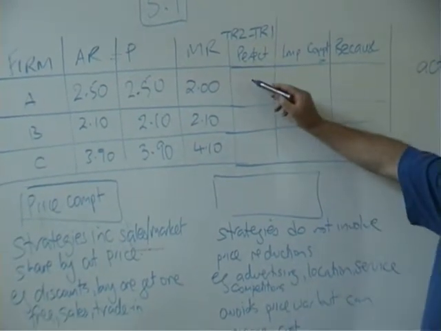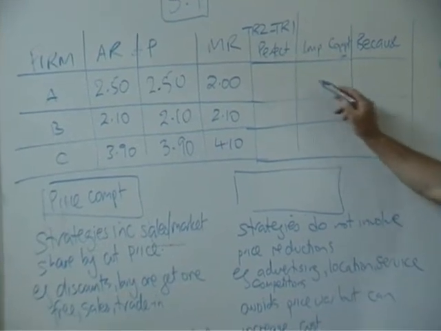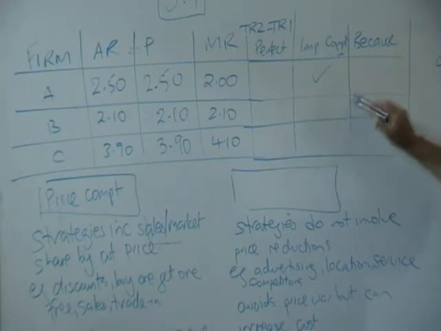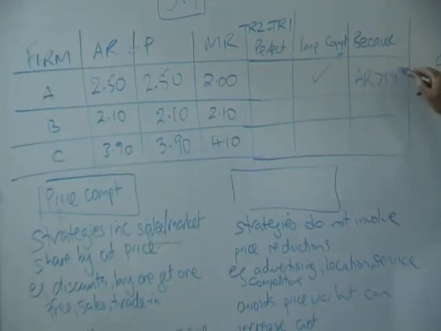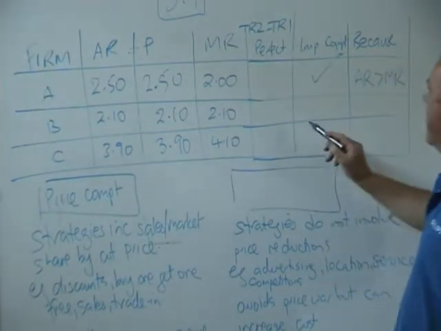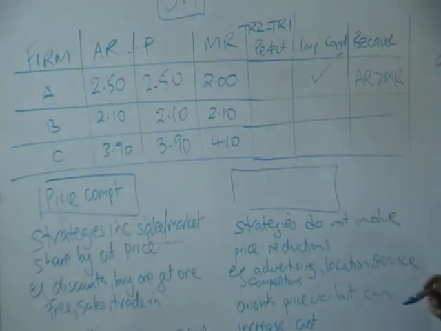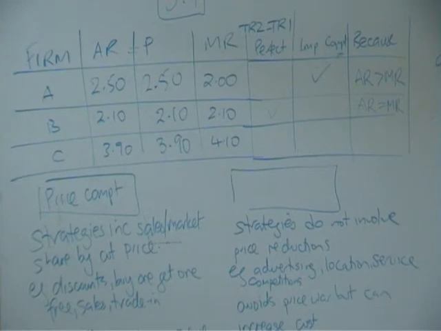Looking at this one here, we tell the first one, is it perfect or imperfect? It is imperfect. It's imperfect because AR is greater than MR. And the next one, reading across 210, 210, 210, we know that therefore it has to be a perfect competitor because AR equals MR. And the last one, 390 for the price and AR, the MR is 410.